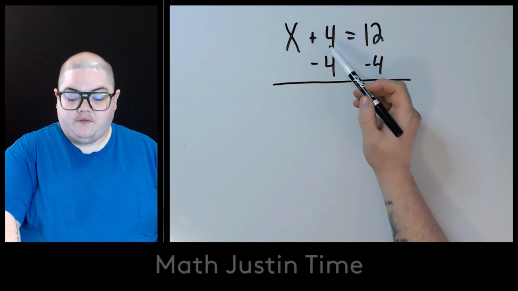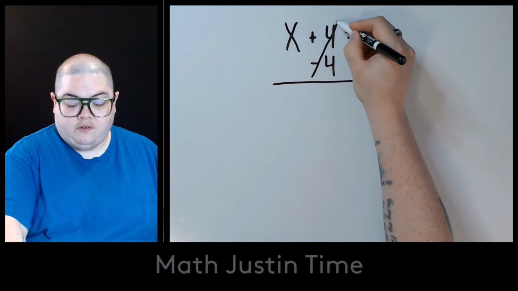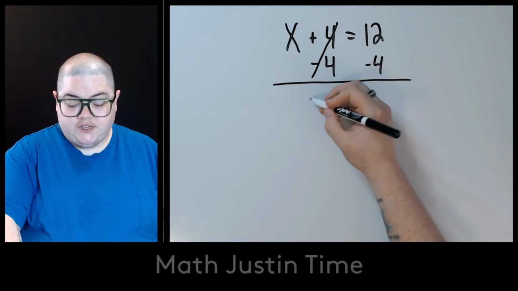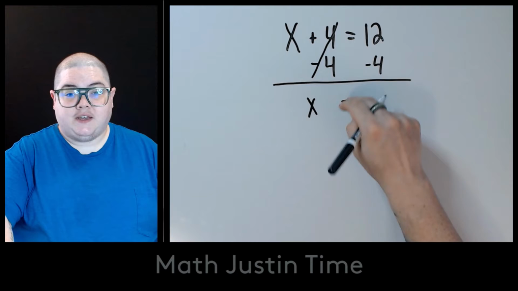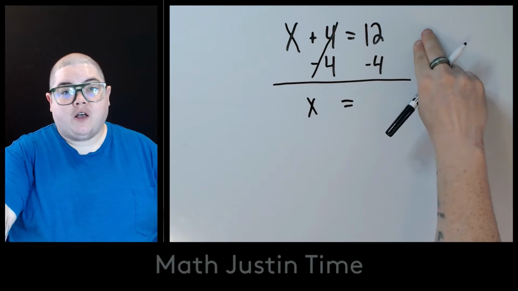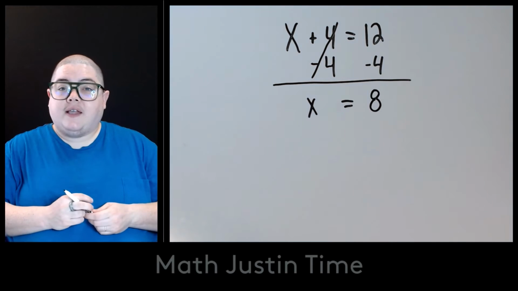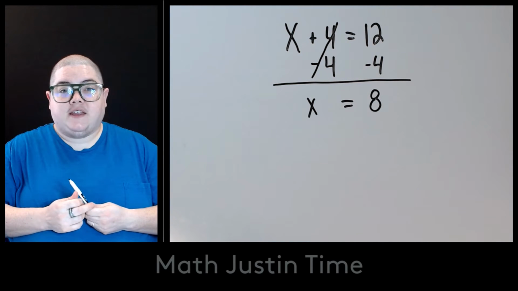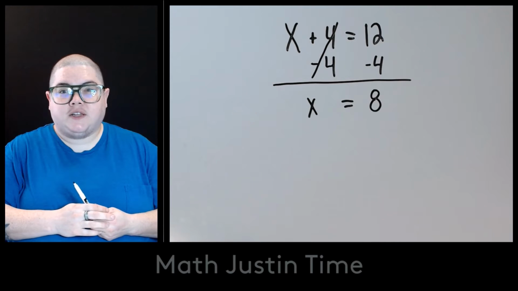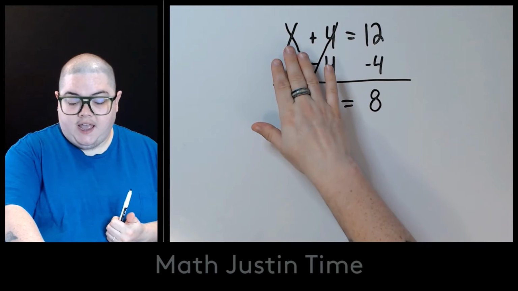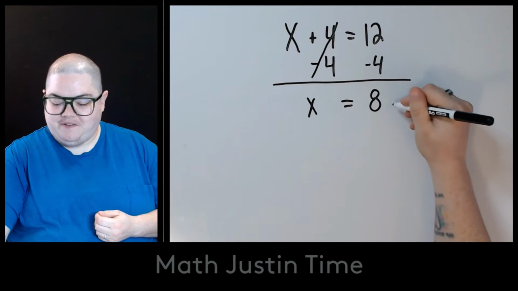So if we have plus 4 and minus 4, those are going to cancel, which leaves us with just the x on this side, an equal sign because we bring that down, and then we have 12 minus 4, which is 8. And that says that x is equal to 8. And remember, we can always plug it into the original equation. Let's think. Does 8 plus 4 equal 12? It does, so we got it right.